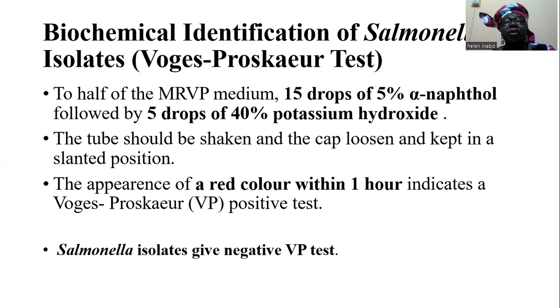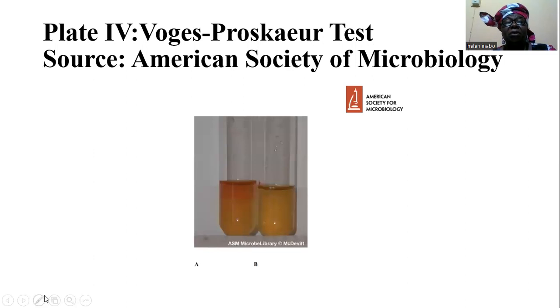The appearance of a red color within 1 hour indicates a Voges-Proskauer VP positive test. Salmonella isolates are known to give negative VP tests. Here it means that there will be no red color in the tube within 1 hour.